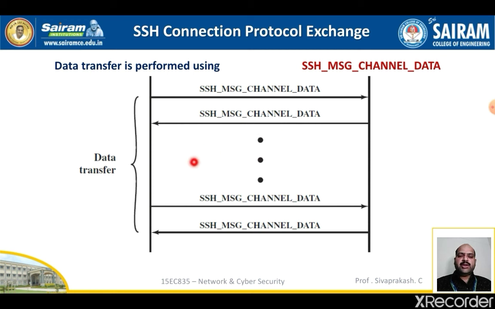The data transfer continues until the data requested by the client is satisfied by the server. The SSH_MSG_CHANNEL_DATA message includes the recipient channel number and a block of data. These messages in both directions may continue as long as the channel is open.